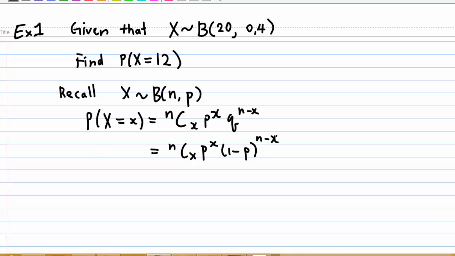This is called the probability density function of the binomial distribution.